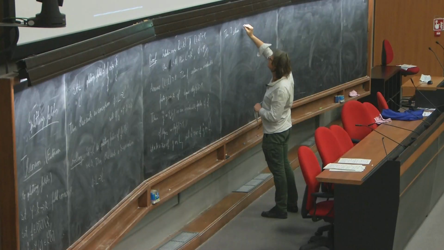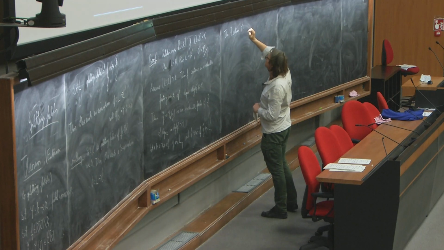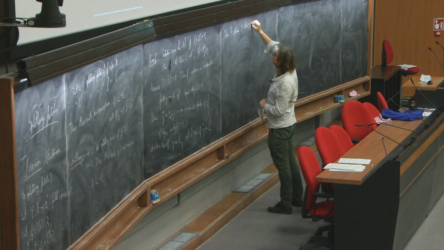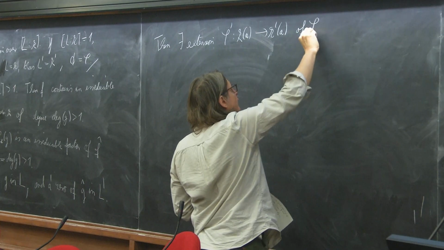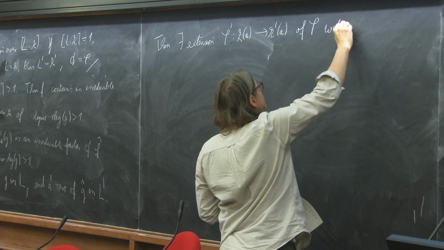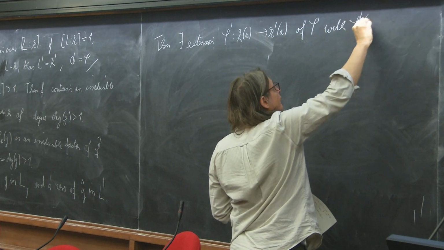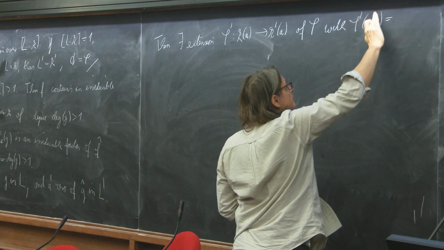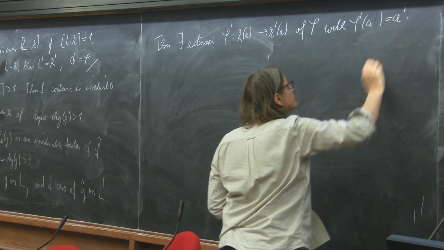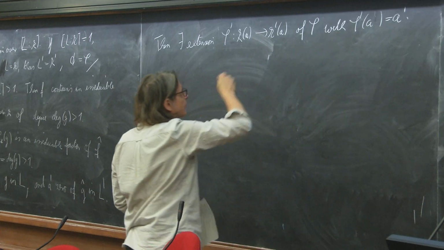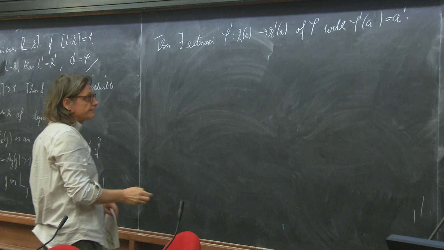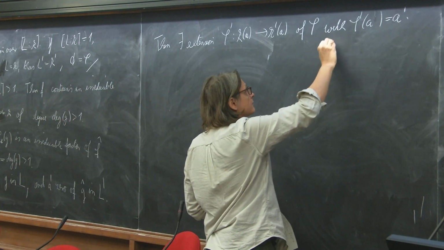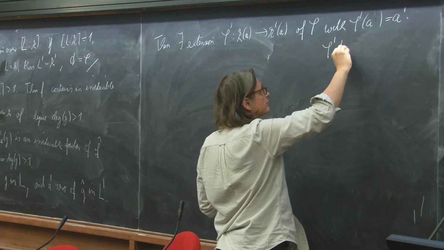Say phi prime from K(A) to K prime(A prime). Obviously, on K, it is just the original phi, so phi prime restricted to K.